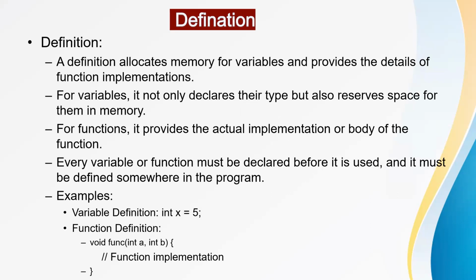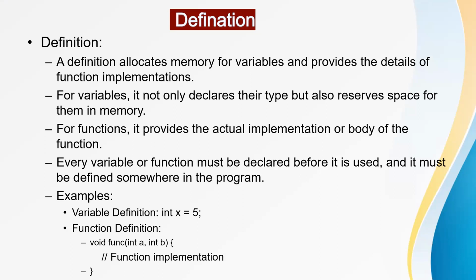Next, definition. A definition means memory is allocated for that variable or the function definition. That means space is reserved for the variables, entities, or functions. Once space is allocated for a variable, if any value is initialized, that value is located in that address space.